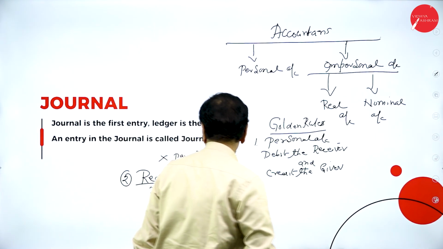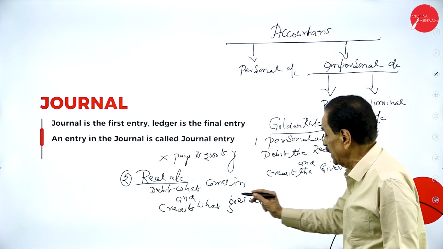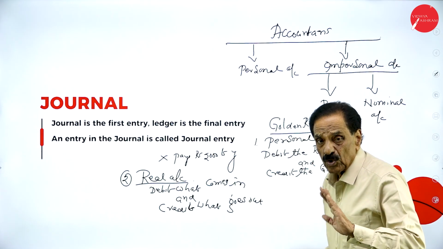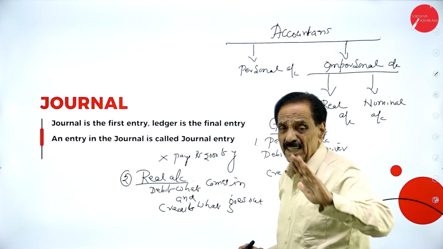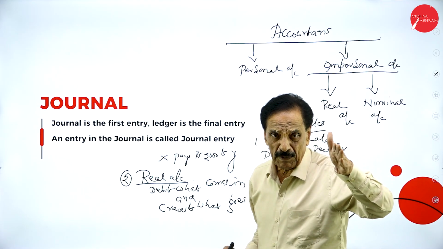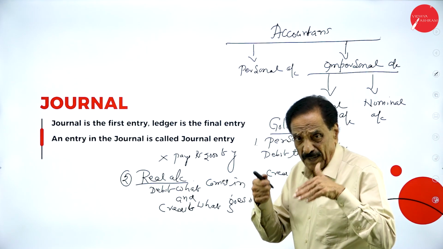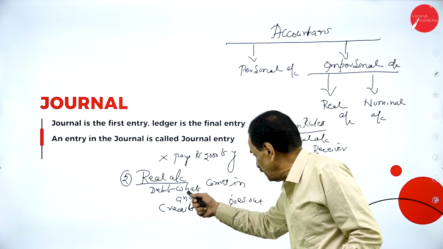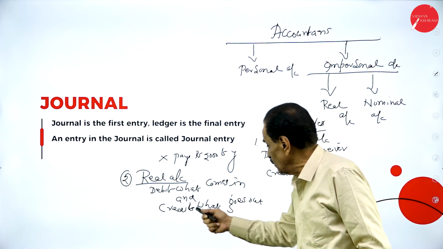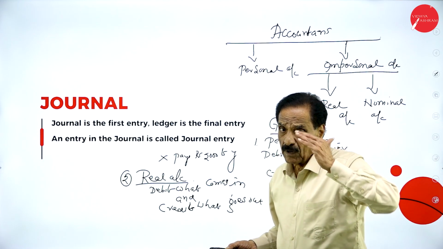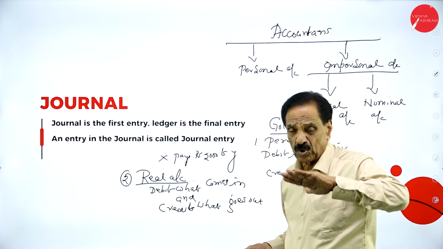What's the rule? Debit what comes in, credit what goes out. So we are referring to the land, the building, the machinery, the furniture. Debit what comes in. If the furniture is coming in, put it on the debit side. If the cash is going out, put it on the credit side. Debit what comes in, credit what goes out.